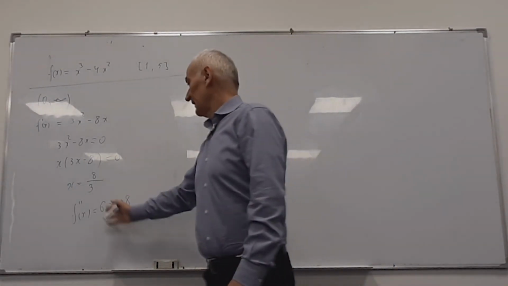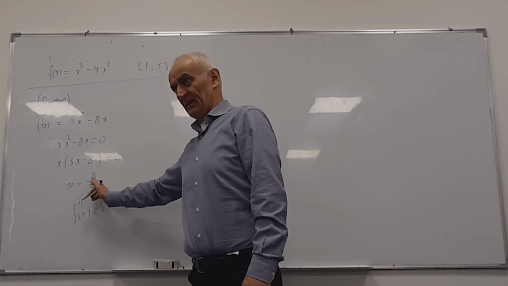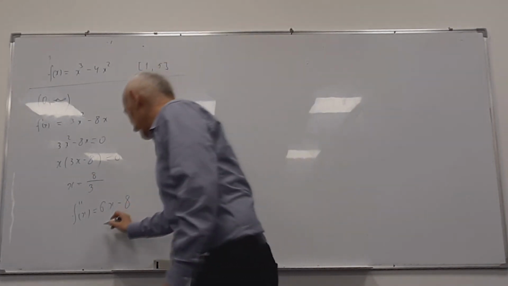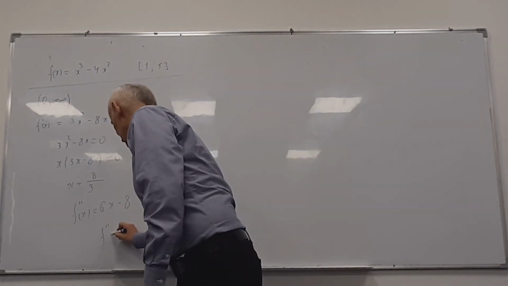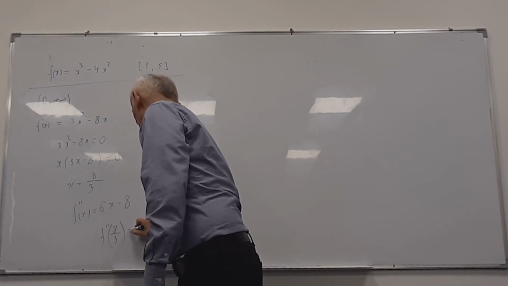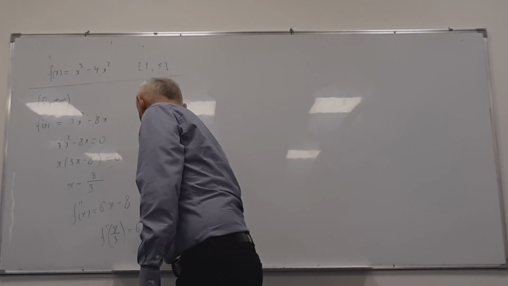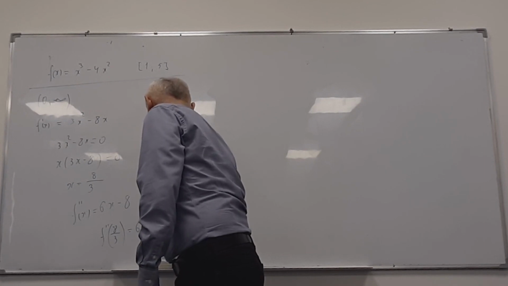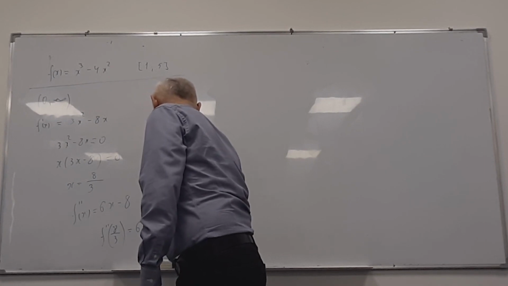And now I will put this value 8 over 3 into the second derivative: 6 times 8 over 3 minus 8.